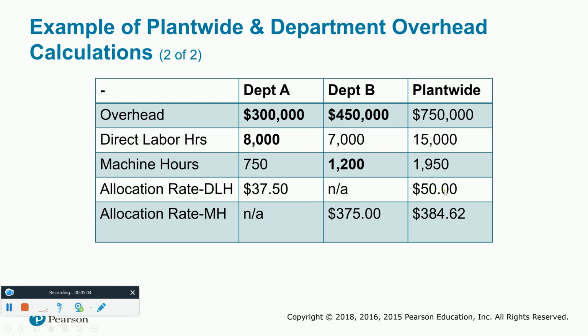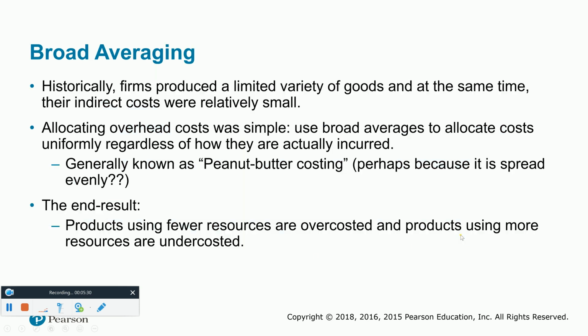So plant-wide, if we were going to use the direct labor hours, we'd use $50 an hour, which is 750,000 divided by 15,000. Or if we were going to use machine hours, it would be 750,000 divided by 1,950, which would give us $384.62.